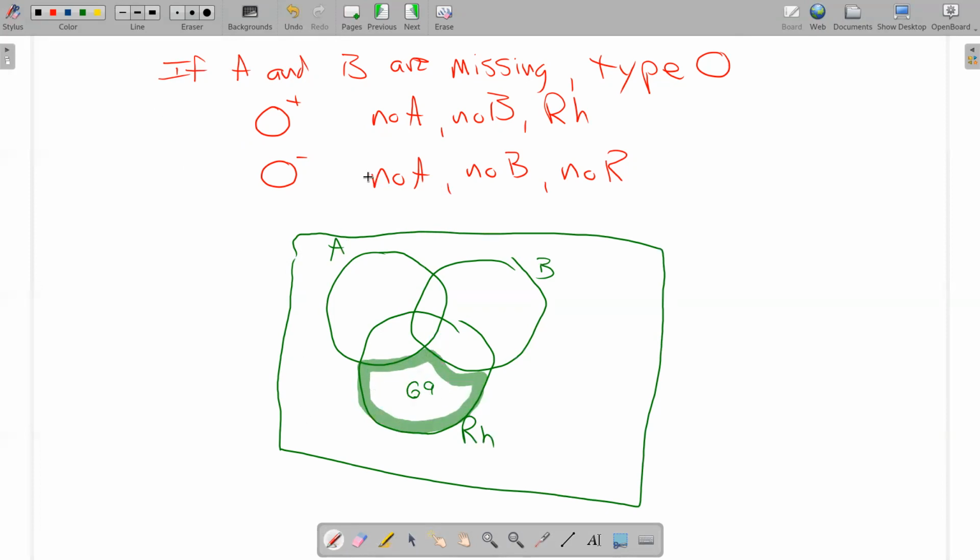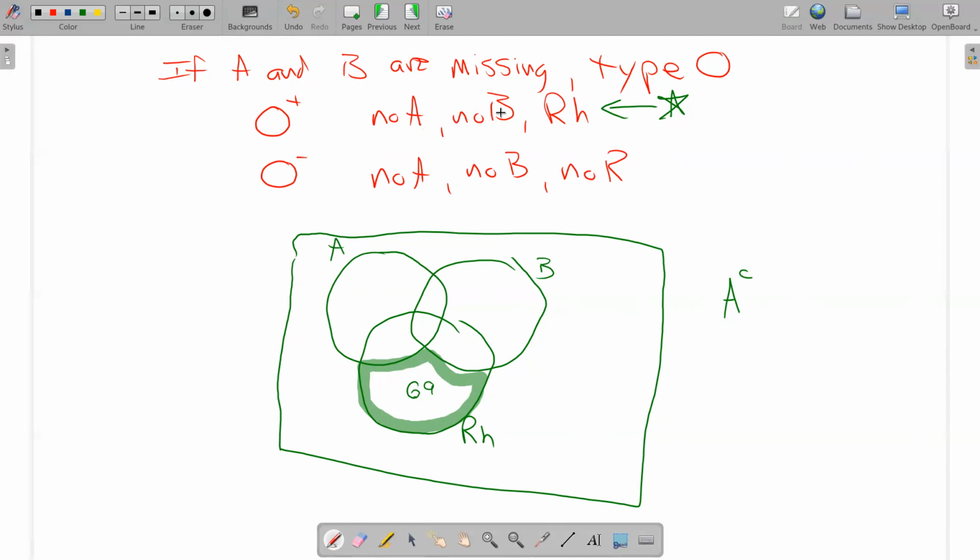Okay, so what do we know about those people? So that's, let's see, this group right here that we're working on. We know that they don't have A. So for set notation, we could do either A complement or A with a bar over it.